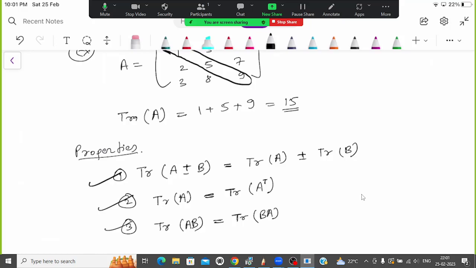Trace of A is equal to trace of A transpose, and trace of AB is equal to trace of BA matrices. A transpose, you will see what is A transpose in further lectures. Okay, we will see you in the next lecture.